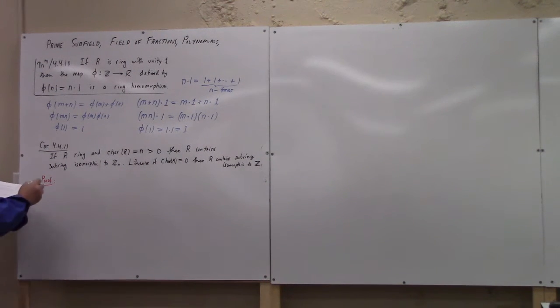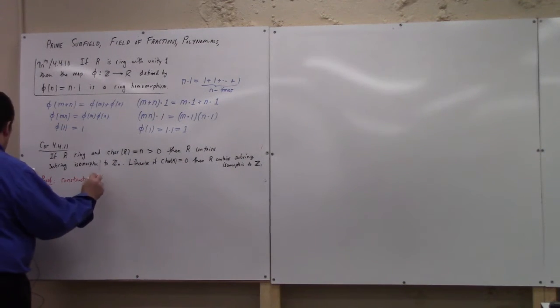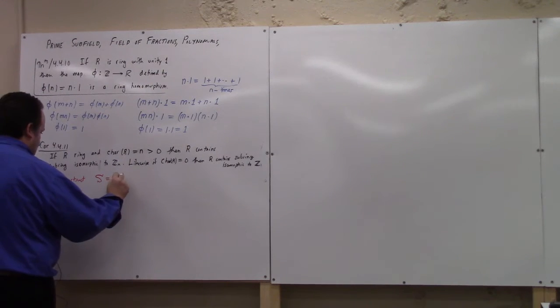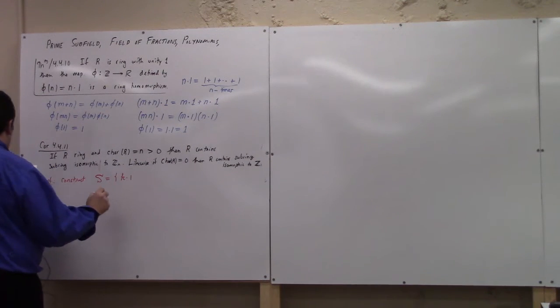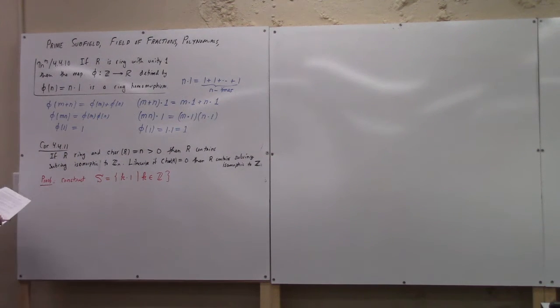Anyway, so the proof here, he says construct this set S, which is k times 1, so it's multiples of 1. For example, for the characteristic, Z mod 4 has n equal to 4, because that's how many times you have to add 1 to itself to get back 0, but just Z never. Characteristic 0, right.